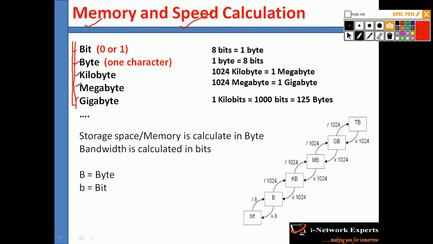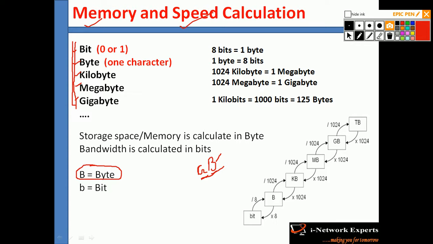What does that GB mean? GB means gigabyte, not bit, and the capital B represents byte. Can you see here? So a 1 GB hard disk means a 1 gigabyte hard disk.